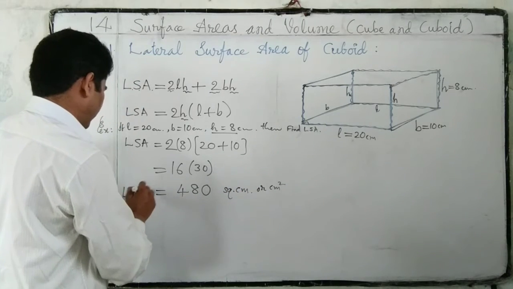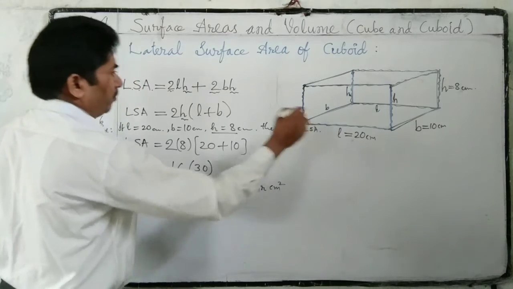This is the lateral surface area of that cuboid.